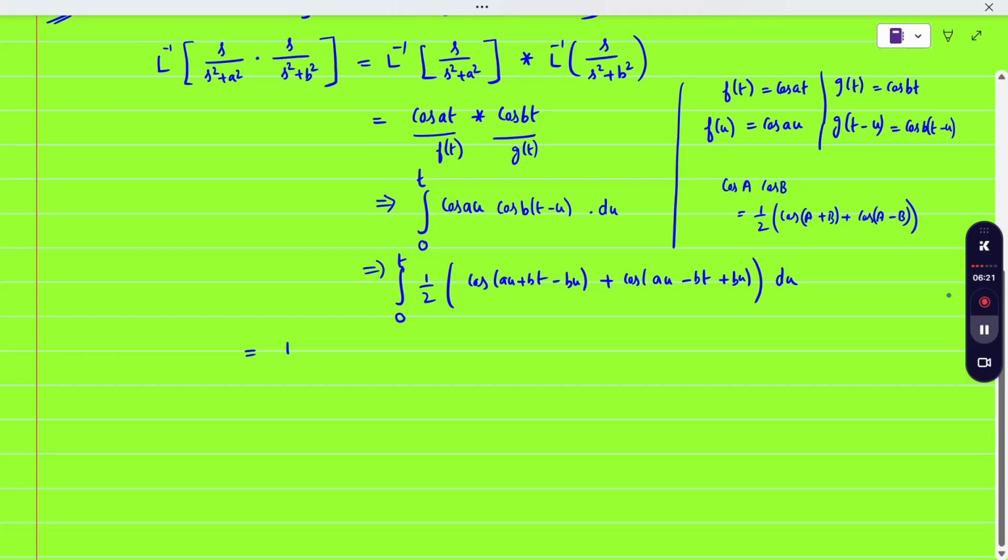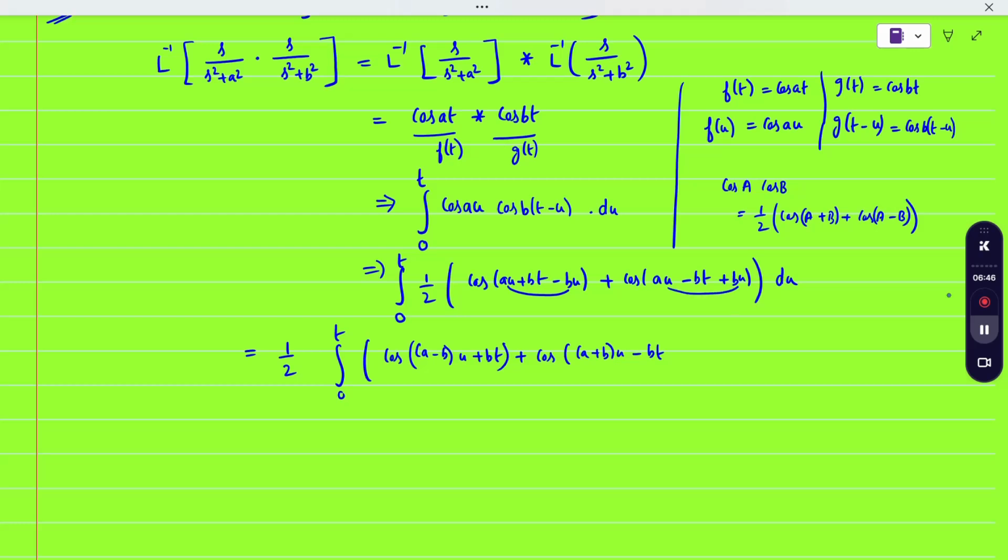1 by 2 is taken as a constant outside the integral 0 to t. Now both are the same variable, so I will write cos of (a minus b)u plus bt, and in the same way cos of (a plus b)u minus bt, into du. Now separate it, then integrate it, substitute the upper limit and lower limit, and we will get the answer.